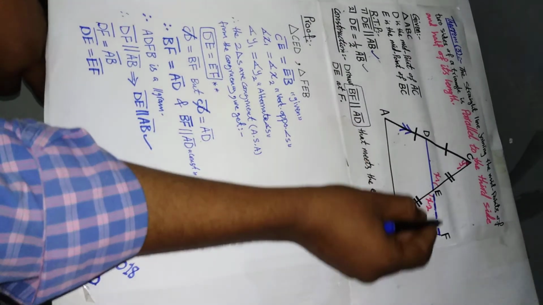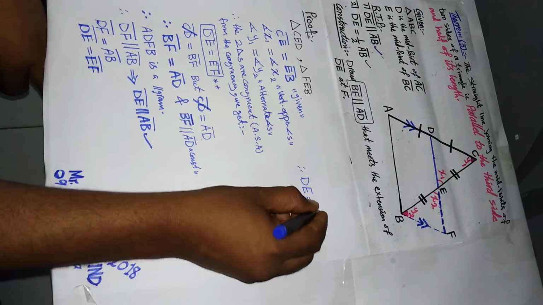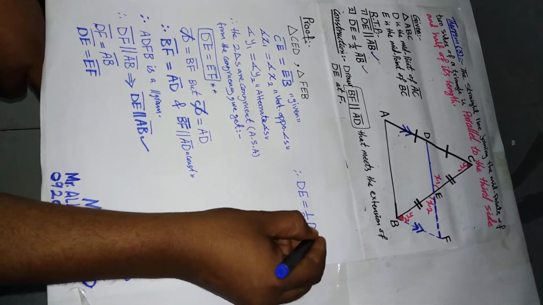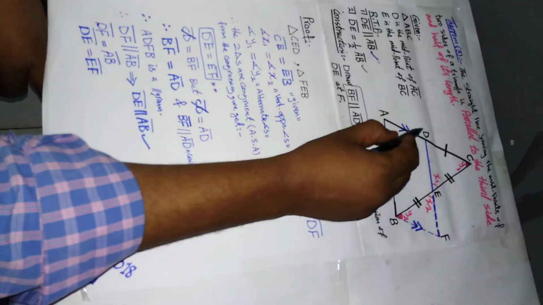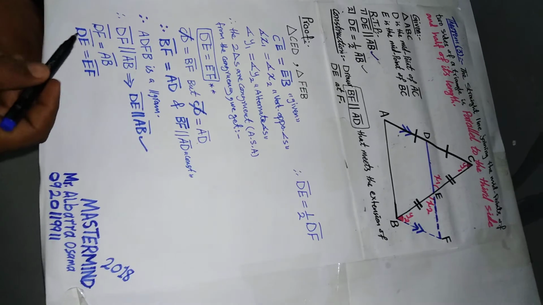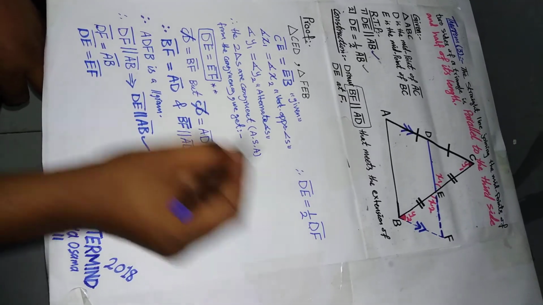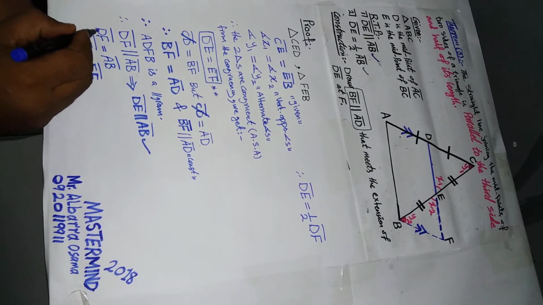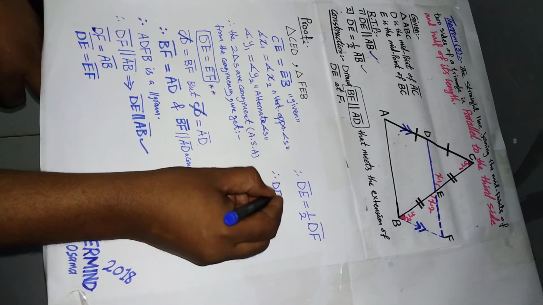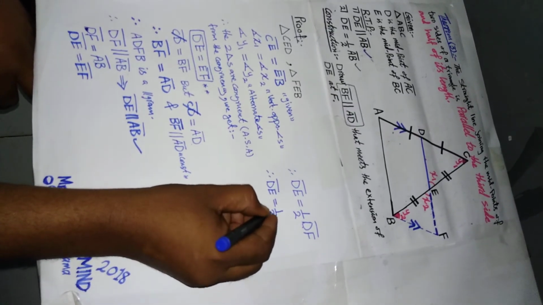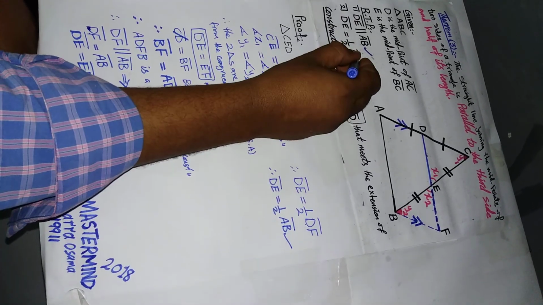If DE equals EF, that means DE is half of DF. But DF and AB are equal, so instead of saying it's half of DF, I can say it's half of AB, because DF here equals AB. Therefore, I can say instead of DE equals half of DF, I can say half of AB, and this is the second required to prove.